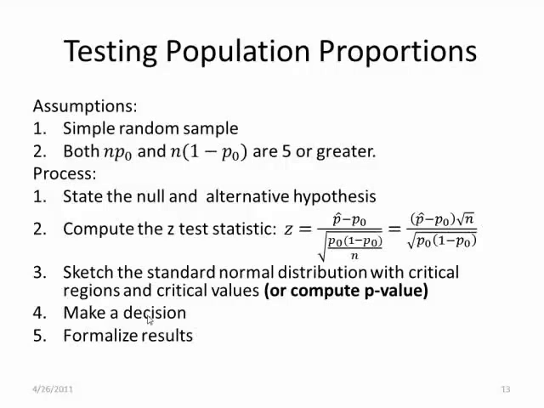And same 5 steps. State the null and alternative hypothesis. We are going to compute the z-test statistic. The z-test statistic still follows that form: test statistic, or some information from the data, minus p under the null hypothesis, divided by the standard deviation under the null hypothesis.